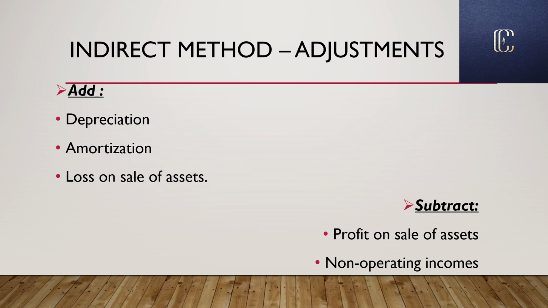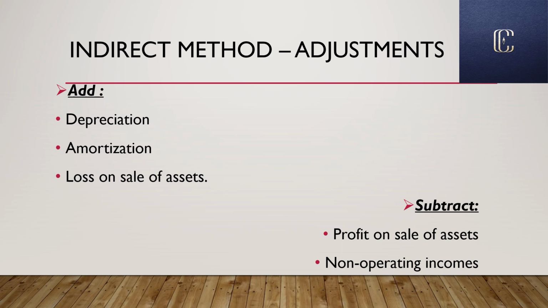Suppose machine book value is rupees 50,000, sold for rupees 40,000. The loss is rupees 10,000. This loss reduces profit, but the actual cash received, rupees 40,000, is shown in investing activities, not operating. To avoid double counting, we add back the loss to operating profit.